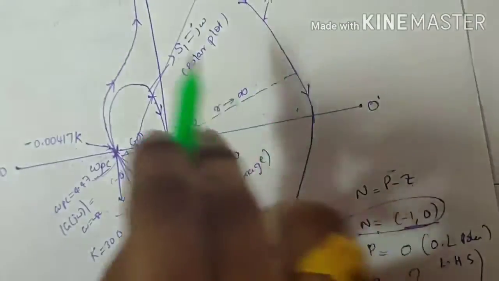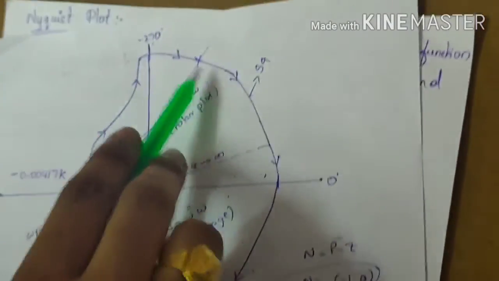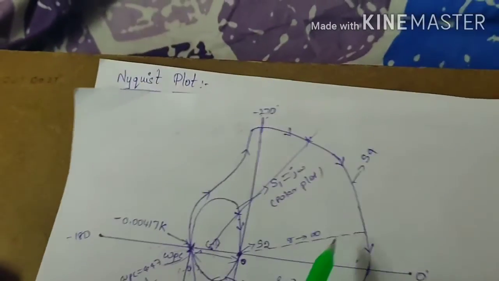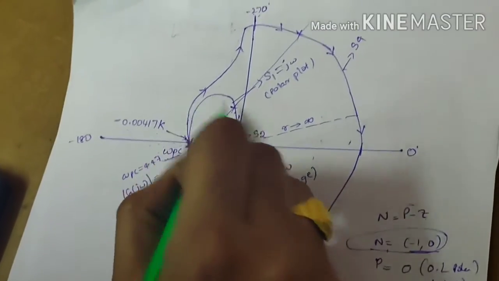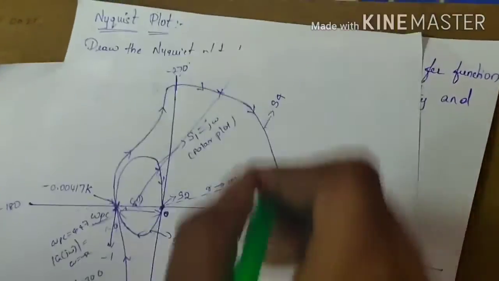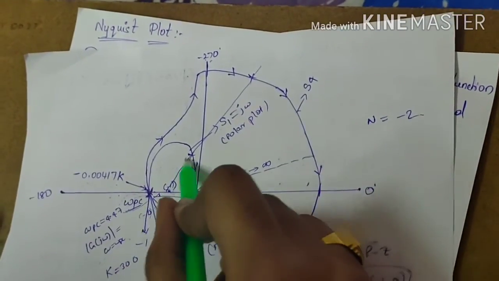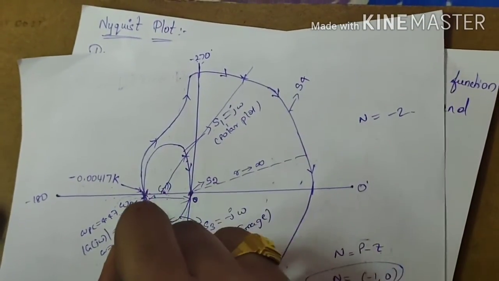But observe here, it is in the clockwise direction. As I previously told, if it is clockwise, the n value will be negative. If it is anti-clockwise, it will be positive. Here the two encirclements are all in the clockwise direction, so n will be minus 2, because it intersects two circles. This occurs when the point lies inside the circle.